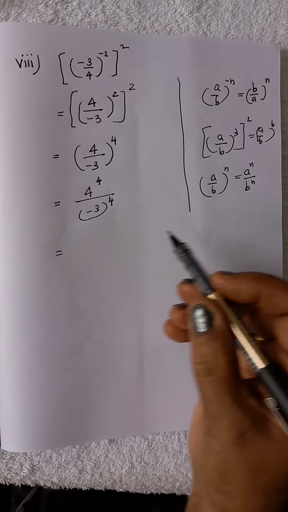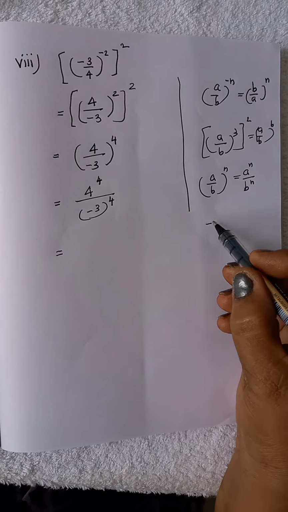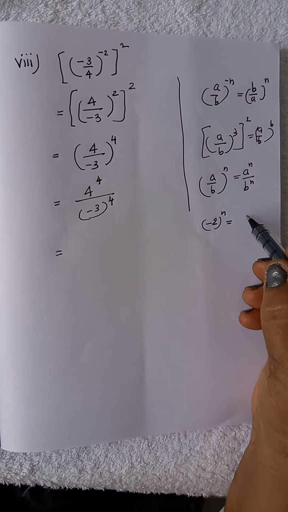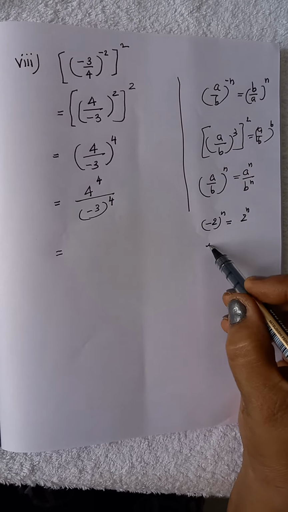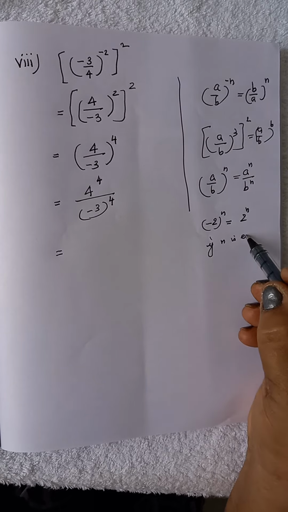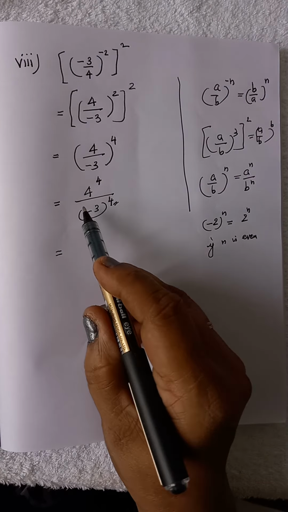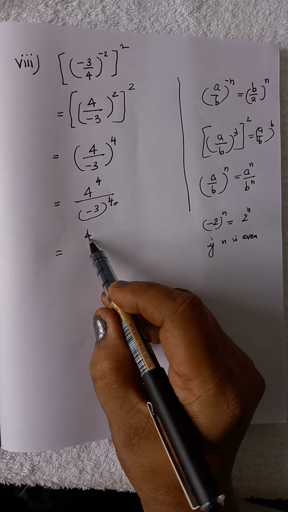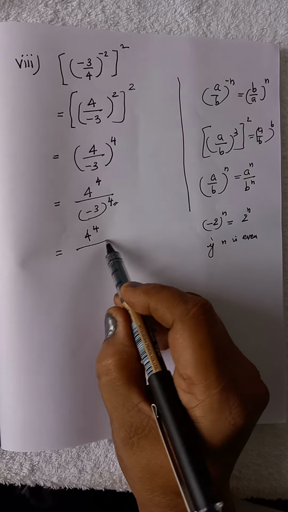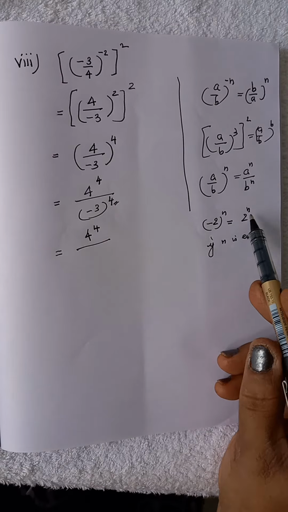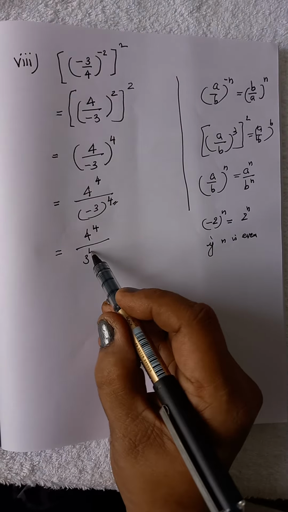Now again this is equal to, now minus 2 raised to n is equal to 2 raised to n if n is even. So in this case 4 is even. So the numerator is 4 raised to 4 by the denominator minus 3 raised to 4 will become 3 raised to 4.